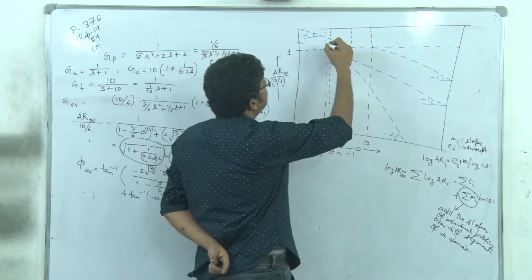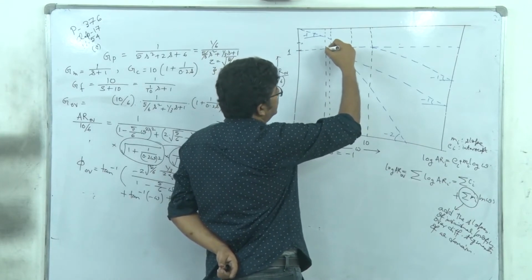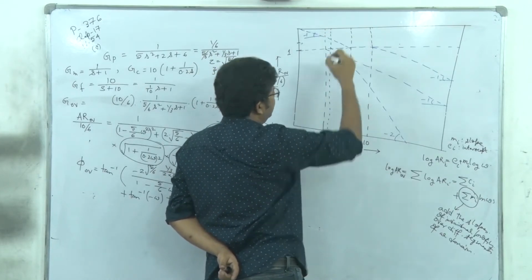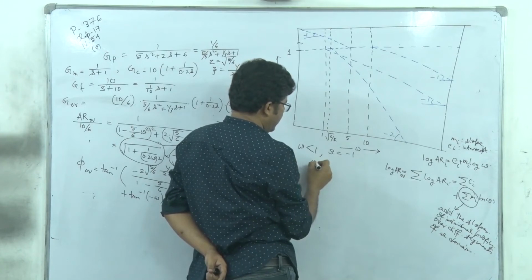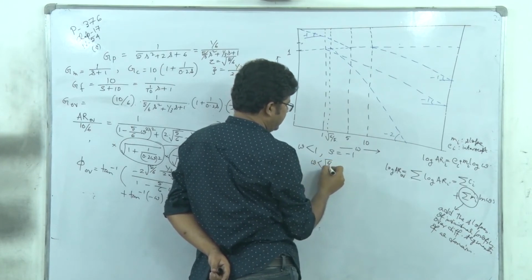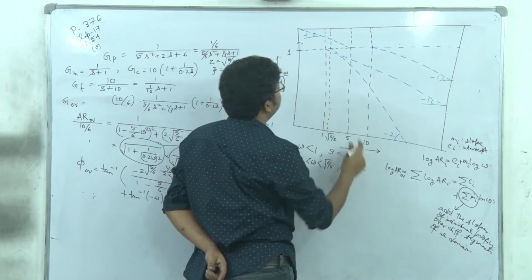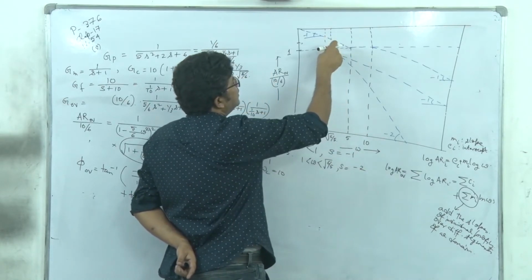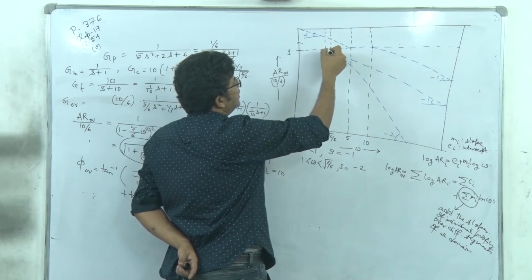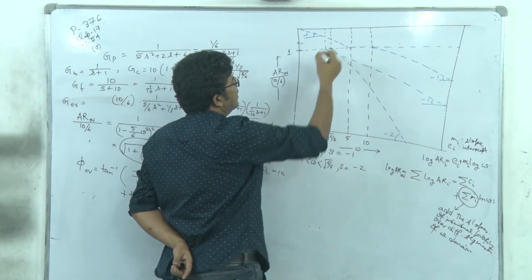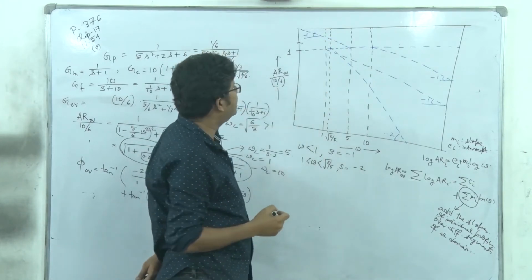In the next, here we have a slope minus 1, here we have a slope minus 1. So omega less than under root 6 by 5 greater than 1, what will be the slope? Minus 2. Here, check. In this narrow region, we have this curve and this curve having a non-zero slope, rest of the slopes are 0.